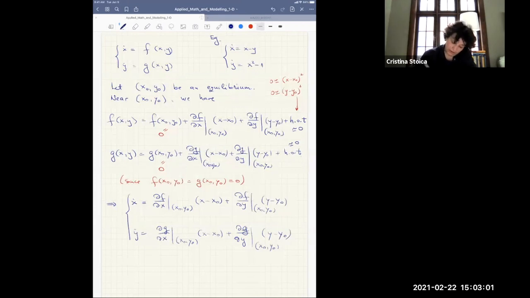So in other words, what we have here is a system that looks like this. Let's write it nicely: x dot, y dot equals the matrix with df/dx, df/dy, dg/dx, dg/dy, evaluated at x naught, y naught, applied to x minus x naught, y minus y naught.